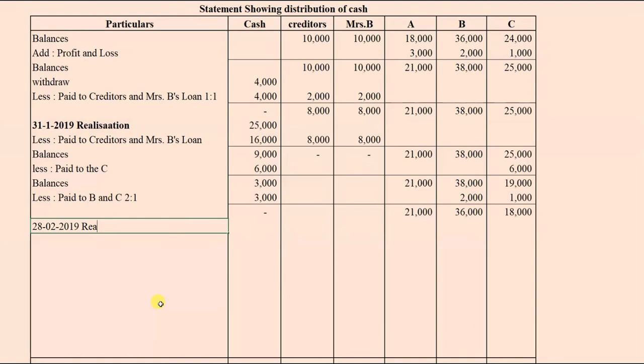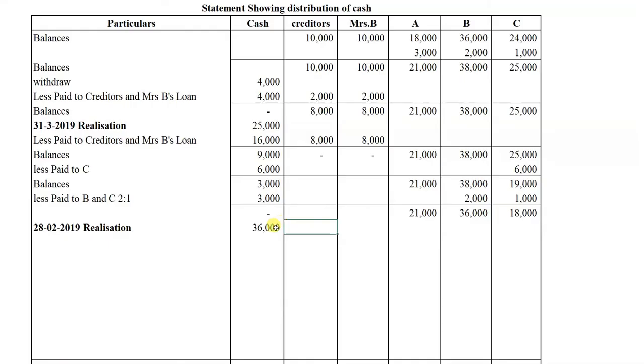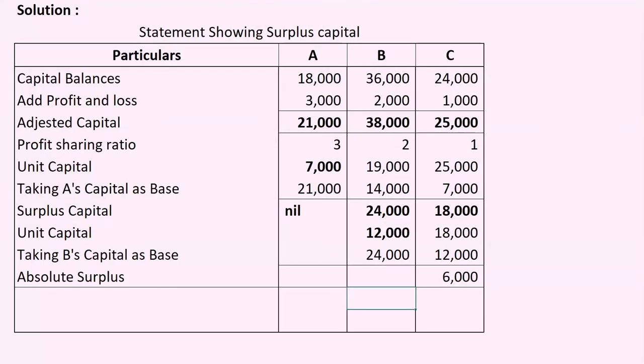Realization, total amount 36,000. Now we have rupees 36,000. So in the surplus capital we have to pay to B rupees 24,000 and to C rupees 12,000, because 6,000 is already paid. So 18,000 minus 6,000 is 12,000. So here 12,000 and here 24,000 to pay.